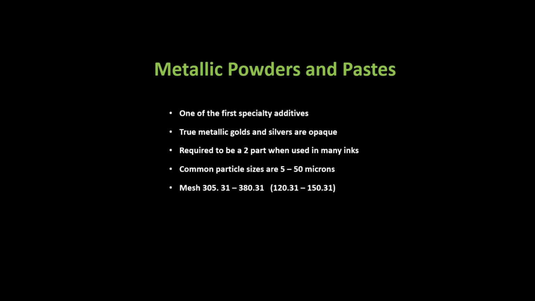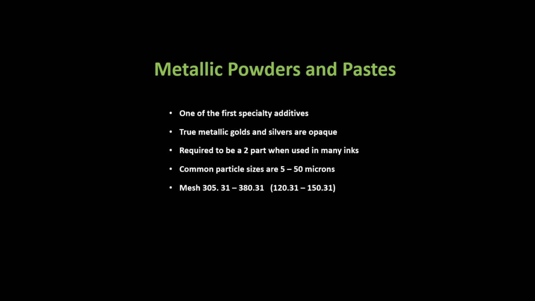These may be required to be a 2-part ink because sometimes the pigment or the metal will tarnish as it sits inside of a container of ink, which simply means you add the silver or gold powder to the ink prior to printing. I make note of a common pigment particle size on each of these pages here, because as you remember at the very start, I mentioned screen printing can print the largest particle size of any of the print processes.